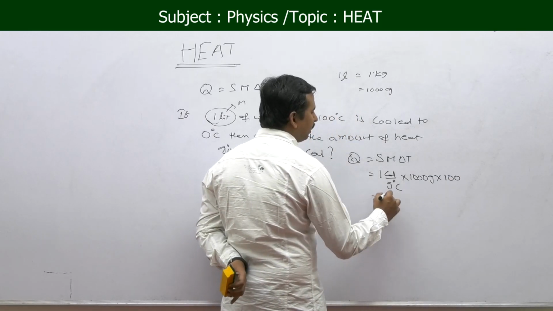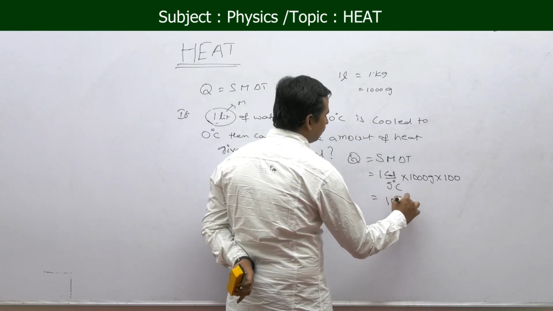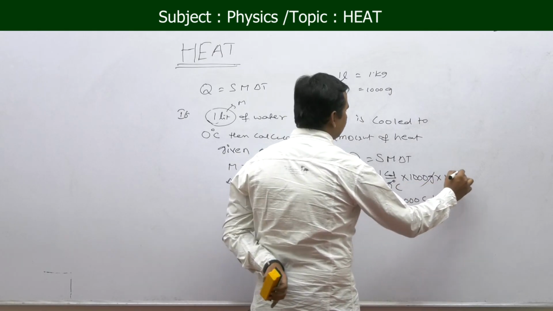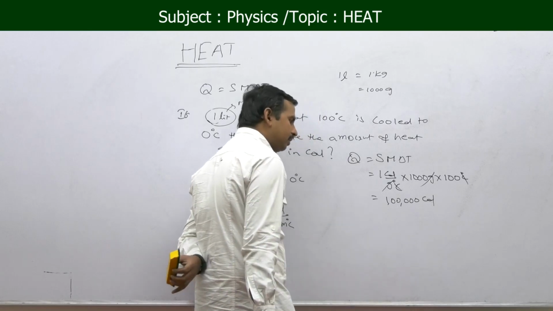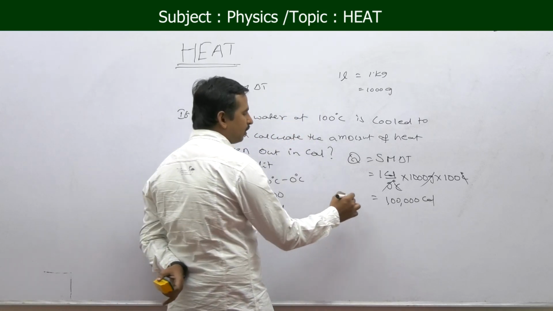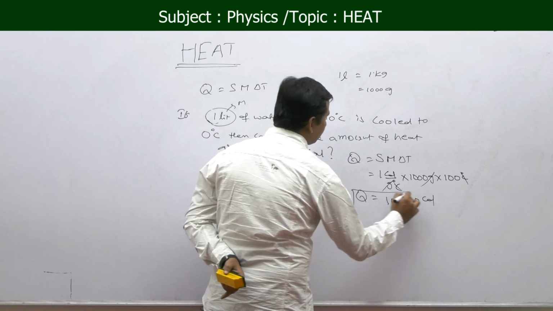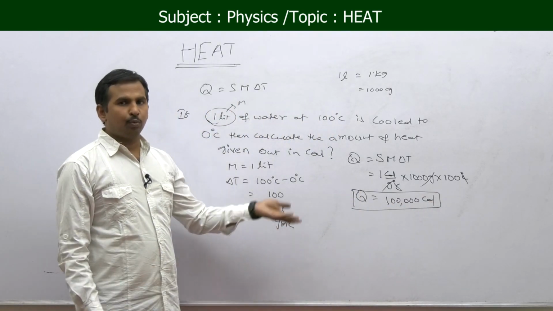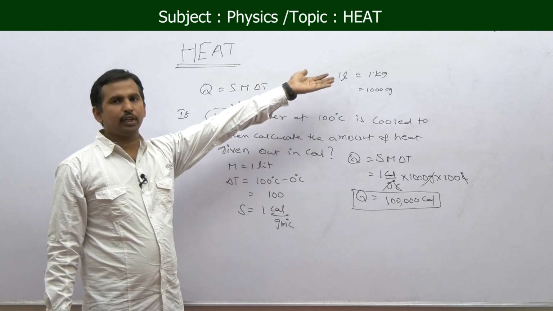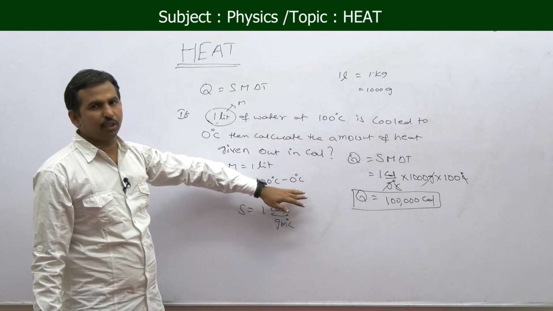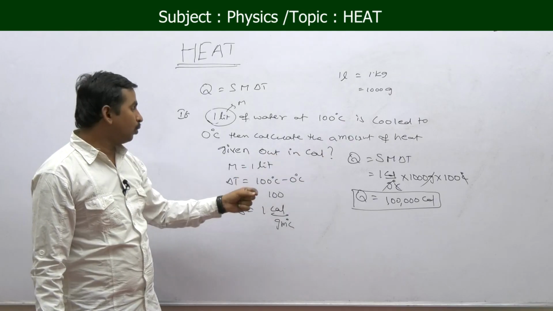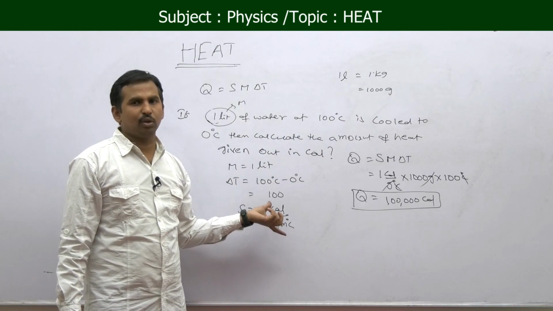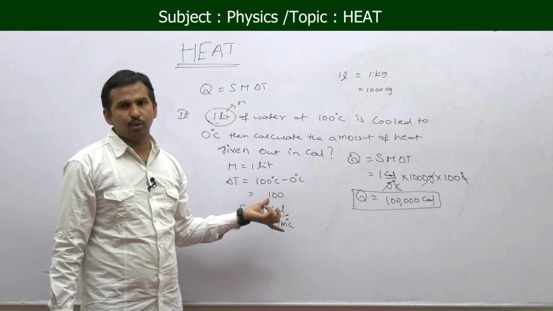Finally we get 1 lakh calories, because grams get cancelled and degrees Celsius also get cancelled. So finally the amount of heat energy given out is 1 lakh calories. In both the cases, while raising the temperature for heating the body and for cooling it, giving out heat, the delta T value we get is positive only. It is not considered as negative.